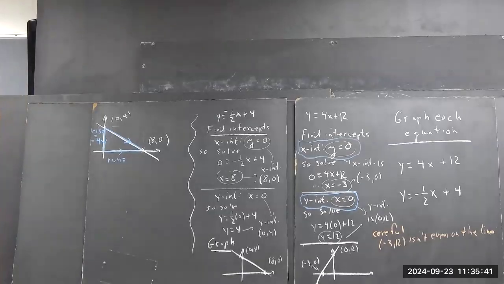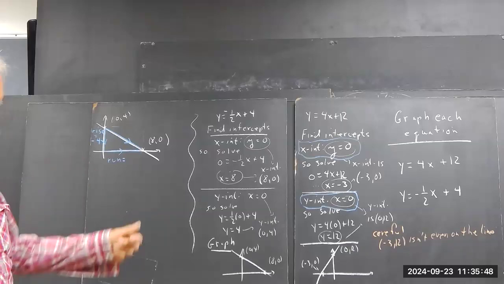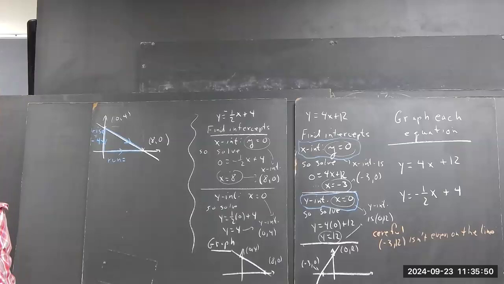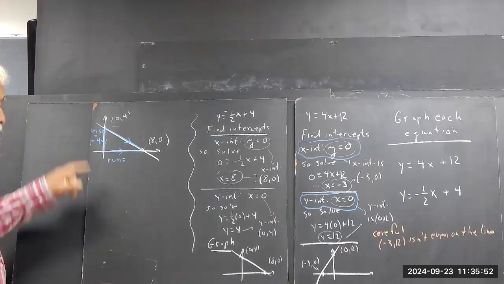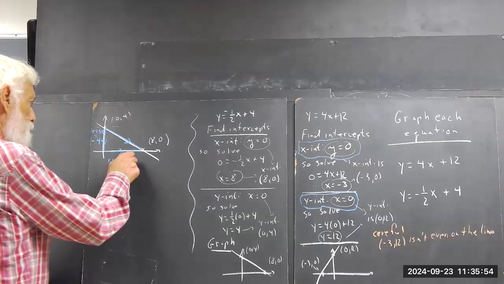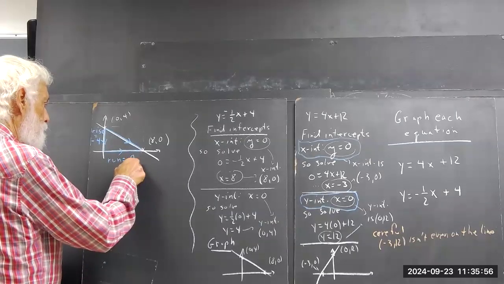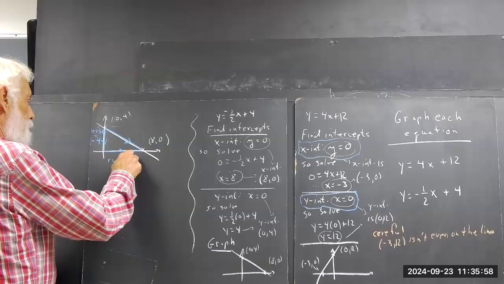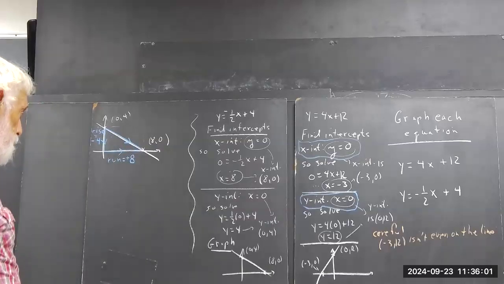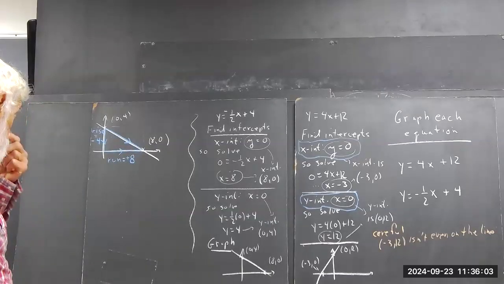Show me the fingers. Yeah, put a negative sign in front of it. Run is a, put a positive sign on it. Okay. Well.